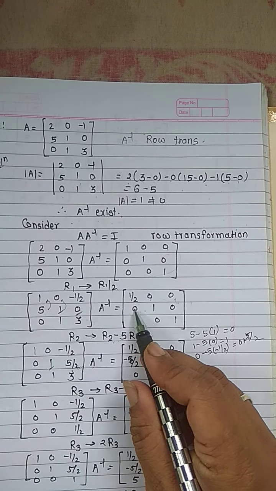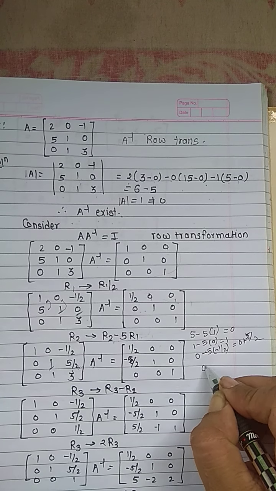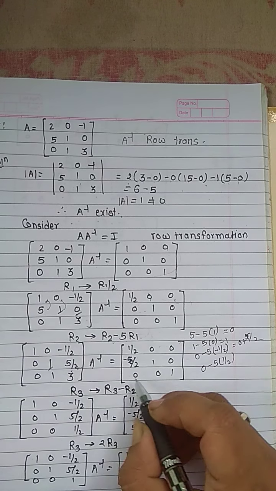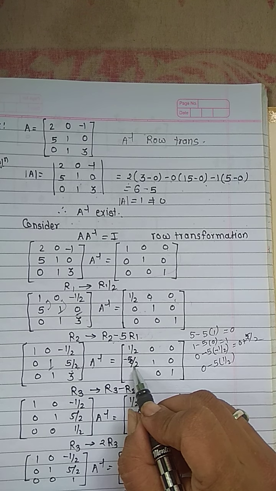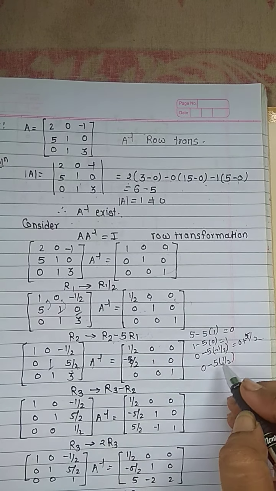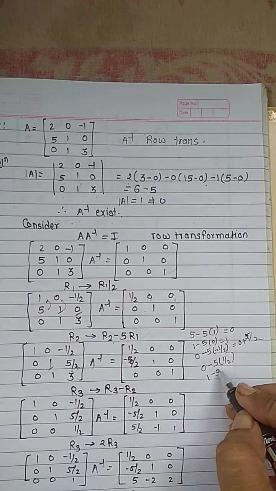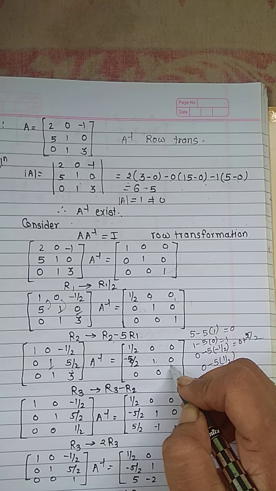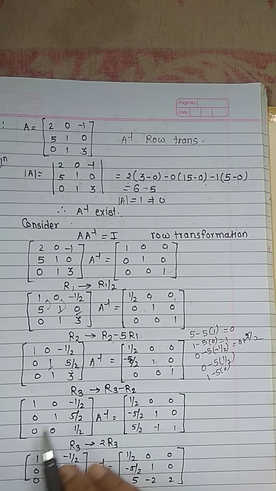That is 0 minus 5 into 1 by 2, written as minus 5 by 2. Second element, 1 minus the corresponding element 5 into 0, written as 5. And both are 0, therefore these elements also we convert.